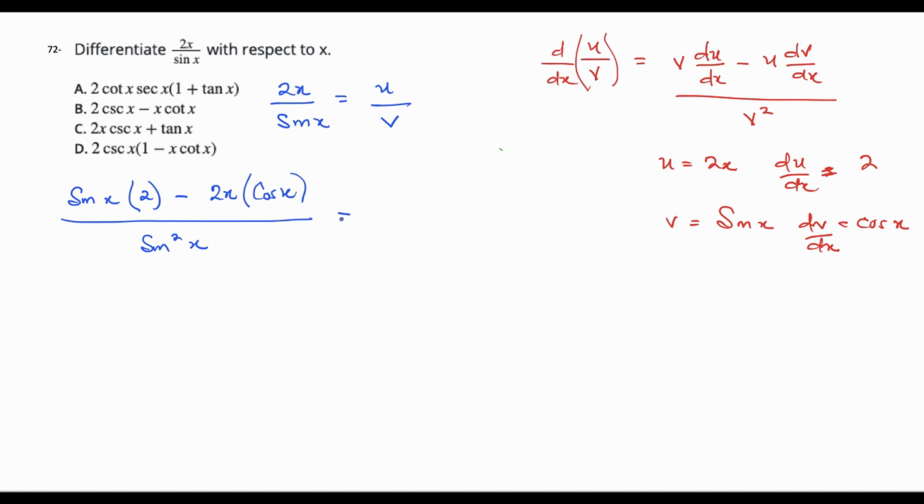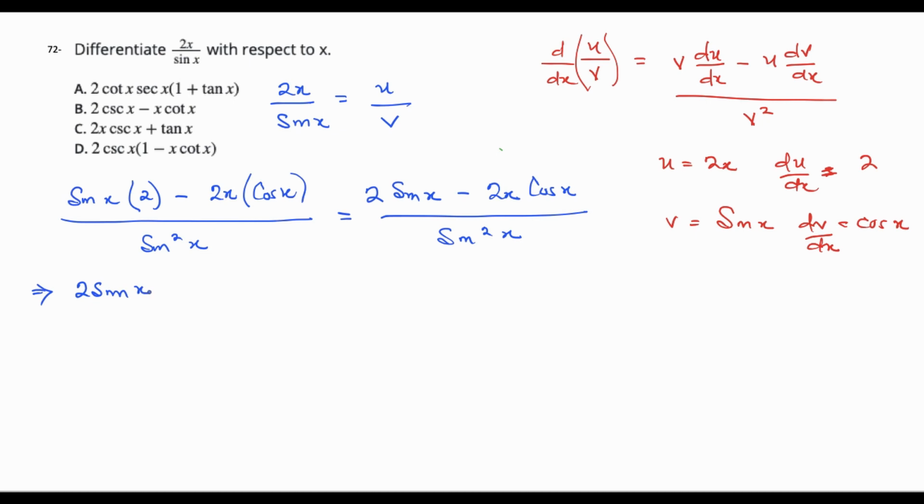So now that we have this, if we expand our brackets, we have that 2 multiplied by sine x is equal to 2 sine x minus 2x multiplied by cos x, which is simply 2x cos x, all divided by sine squared x.